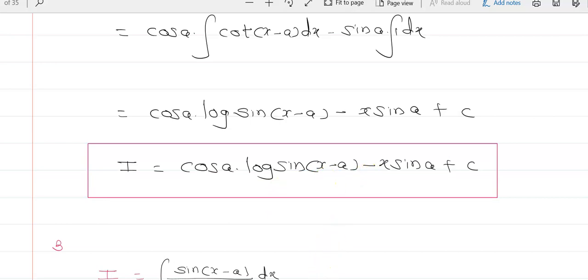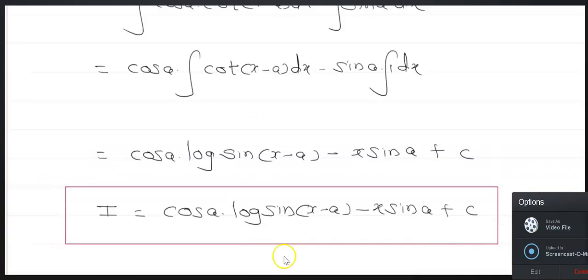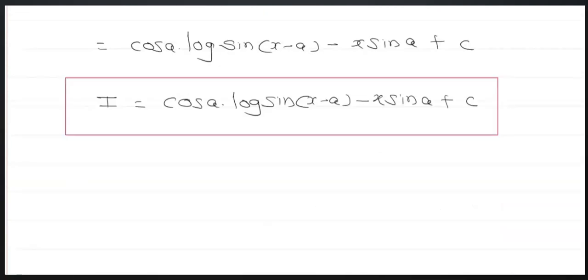Now the next example. Example number 3. I is equal to the integral of sin of (x − a) upon cos of (x + b).